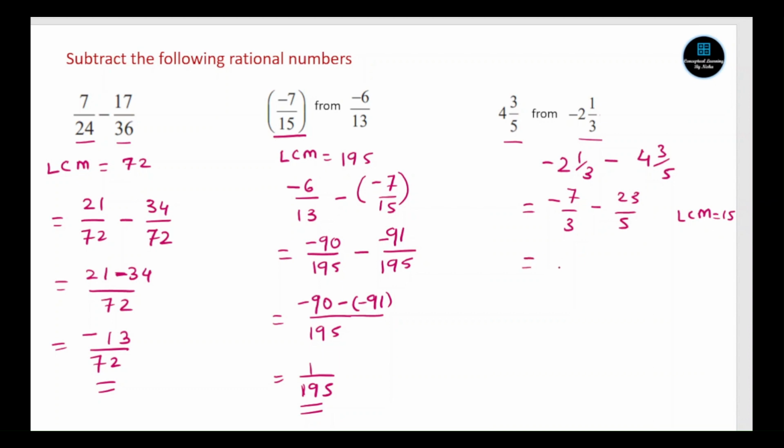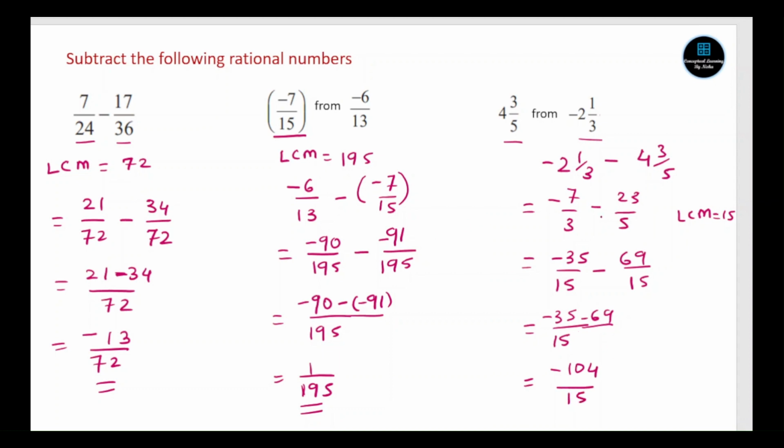So what do we get? Here we have to multiply it by 5. So negative 35 minus, you have to multiply it by 3. So 69 over 15. And when we subtract them, negative 35, negative 69, negative 104 over 15.